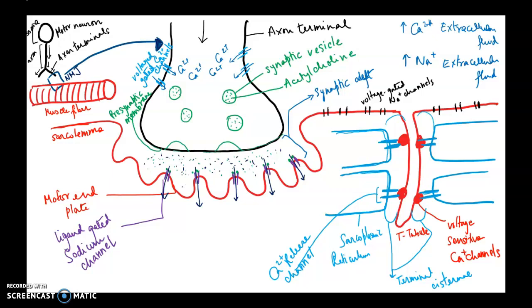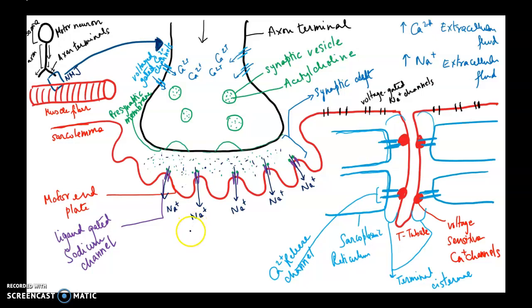Good? Now remember, sodium carries positive charge. Now if a lot of sodium comes in, what happens to the polarity? Yes, sodium brings in a lot of positive charge. So we have a local depolarization at the motor end plate.